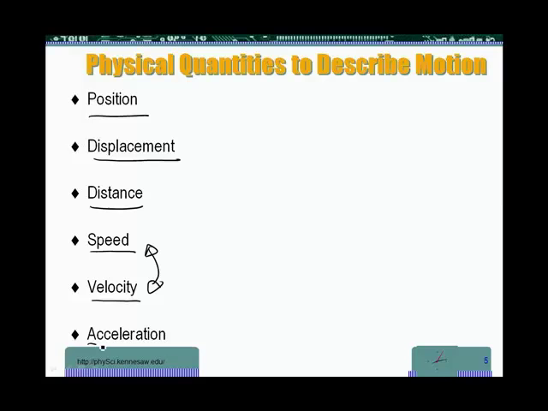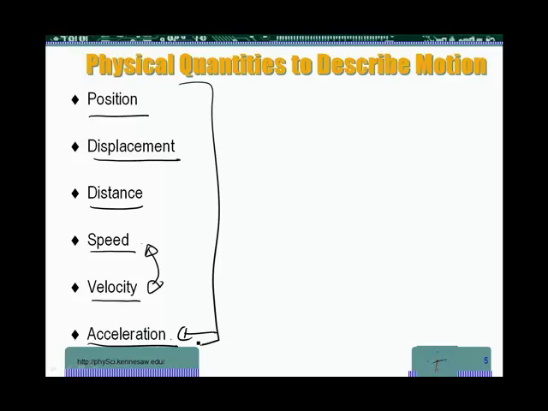And then there is acceleration. Okay, we use that word in our common day language. We need to understand what does it mean in physics. How does acceleration relate to velocity or speed or position or displacement? Okay. These quantities are some of what we need to describe motion.